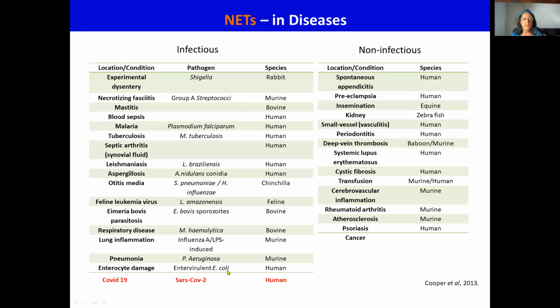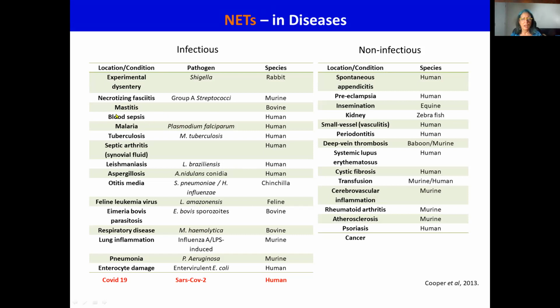So here is a list that's far from being complete, but you have NETs involved in disease, in infectious disease and non-infectious disease, most of them in autoimmune disease. So experimental dysentery, fasciitis, mastitis, blood sepsis.